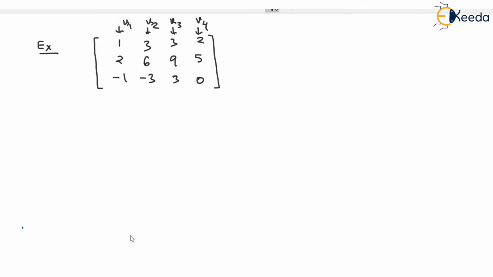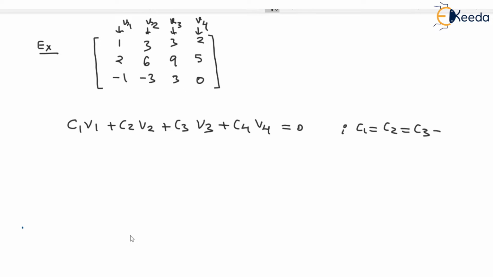Then of course this can be satisfied by c1 v1 plus c2 v2 plus c3 v3 plus c4 v4 equal to 0 for c1 equal to c2 equal to c3 equal to c4 equal to 0. But if we have another combination like 3 times v1 minus v2, then also we'll get a solution to be 0.